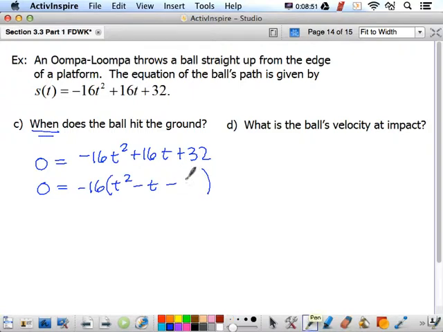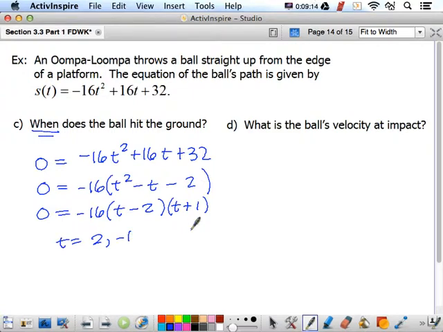Okay, so that's what we know so far. We want to know what the time is when it's going to equal 0 there. So let's see if it'll factor again. That will give me t minus 2 and t plus 1. So it looks like the only two possibilities are at 2 and negative 1 seconds.